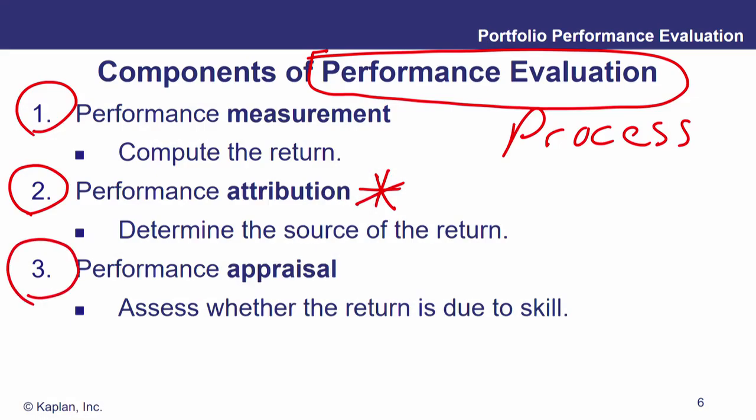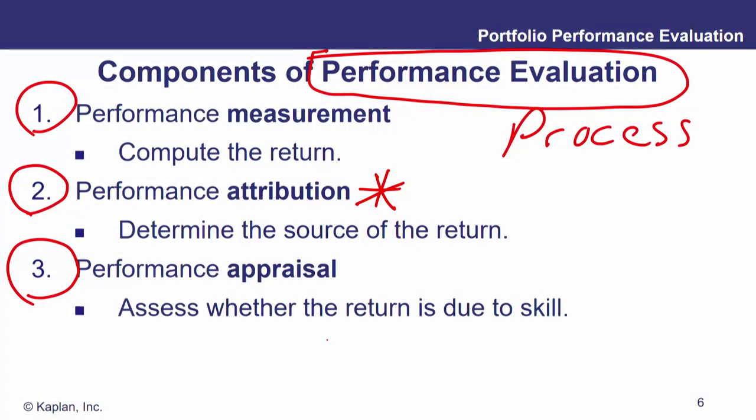And then the last component, I think, is actually one of the more interesting. Performance attribution is mostly done through computers. Performance measurement is mostly done through computers. The performance appraisal part, yes, there are some calculations, but there's also a lot of human judgment here. And here's what I want you to think about with performance appraisal.